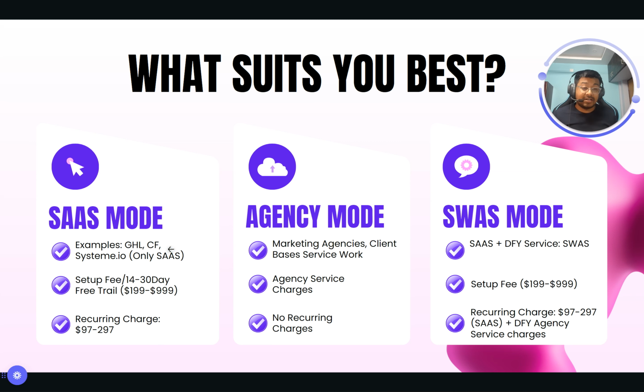Go High Level provides you the entire suite of automations and tools and everything so that you can use it for your own business. Of course, it provides you with its own support and documentation, but Go High Level does not do any kind of done-for-you agency or marketing services on your behalf, right? It's a total SaaS tech company that not only develops tech but also gives you the flexibility and the usability so that you can take the SaaS and use it for your own business, right?